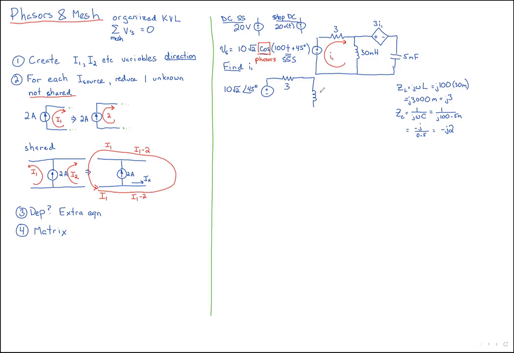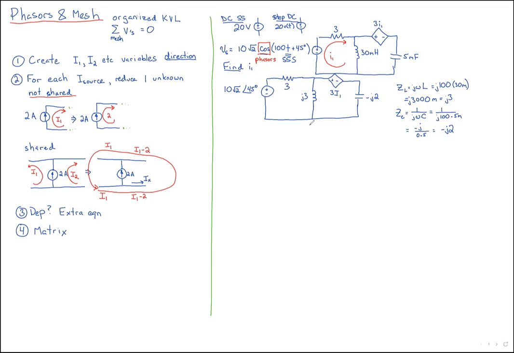That's it. So we've got a negative j2. And let's finish drawing this in. So this is j3, we said. Here is our dependent source. I'm going to draw it in capital letters now since we're in the phasor domain. And we've got this capacitor here that is minus j2.